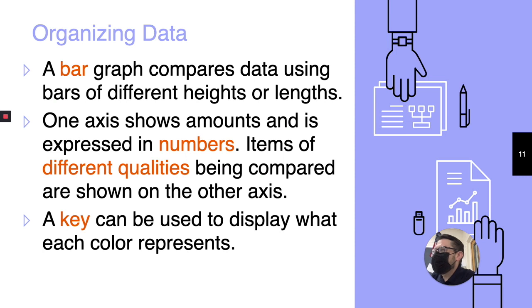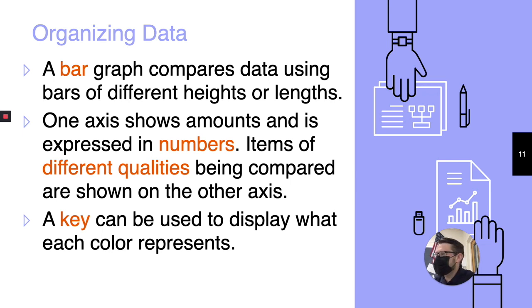Another kind of graph that we can use is what is called a bar graph. Bar graphs use bars, hence the name, of different lengths and heights to represent your data. You're going to graph out a bar graph on a set of axes. So you have your x and y axis. Your x-axis goes horizontally, your y-axis goes vertically.